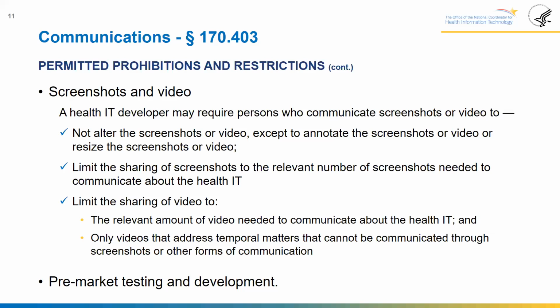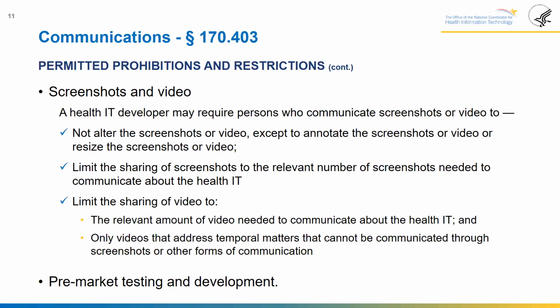What else have we done? Obviously, the big one is we've added video. And that's because video is a form of visual communication that can be of use where screenshots can't accomplish the goal. And we talk about this in the rule, in the preamble, and as you can see here on the screen, which is part of the regulation text, we only permit the use of video when it's addressing temporal matters that cannot be communicated with a screenshot, or another form of communication.